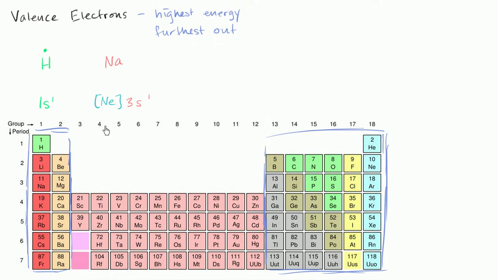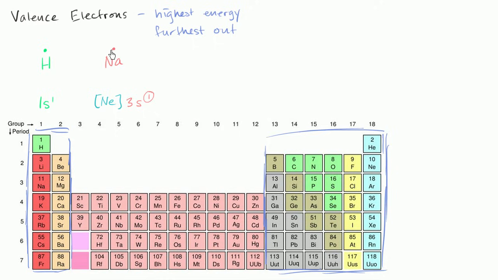Well, its highest energy, furthest out electron is the electron that's in a shell that hasn't been stabilized. It hasn't gotten to its fully stable state. There's only one electron in that situation, right over here, the 3s1 electron. And so sodium as well, you could depict like that. It only has one valence electron. That's the electron that could be swiped away from it, or that could somehow be involved in a covalent bond.